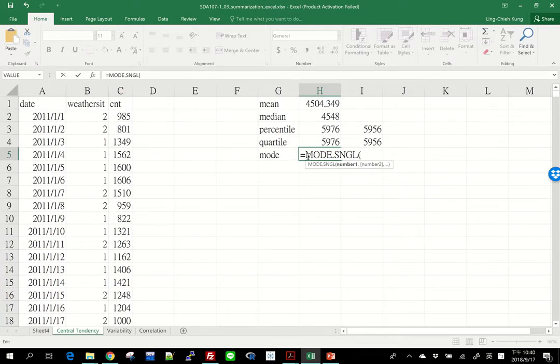Okay, and for Excel, this function only applies to categorical values. So you should not apply it to CNT. What we may do is apply it to, for example, weather situations. So weather situations, and then we get 1. That means we have a mode that is 1. And that means among all these 731 days, the most frequent weather situation is what? It is the sunny day. Okay, so that's how we get those central tendencies.